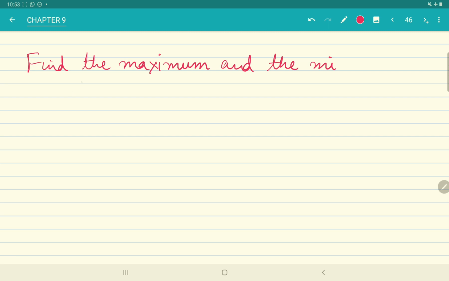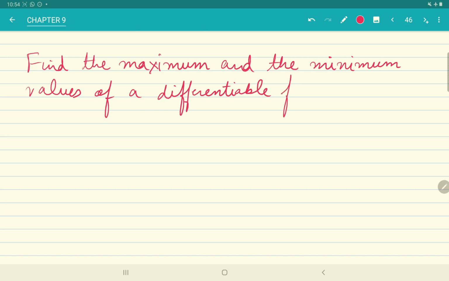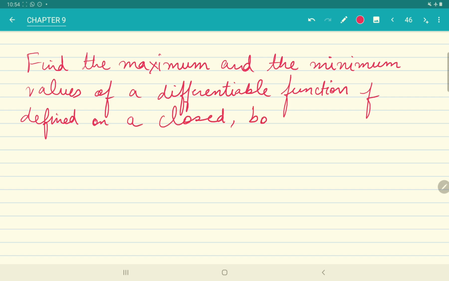So let's say I want to find the maximum and the minimum values of a differentiable function f which is defined on a closed bounded interval AB.